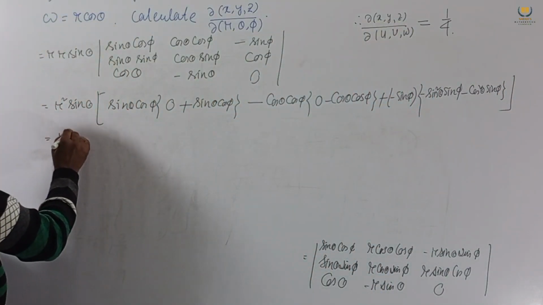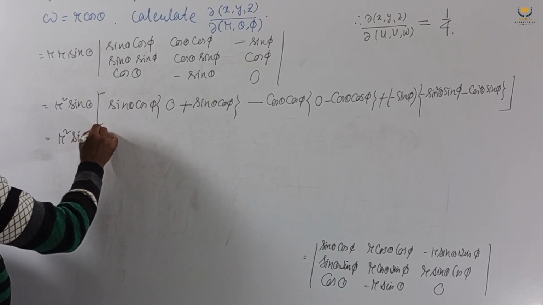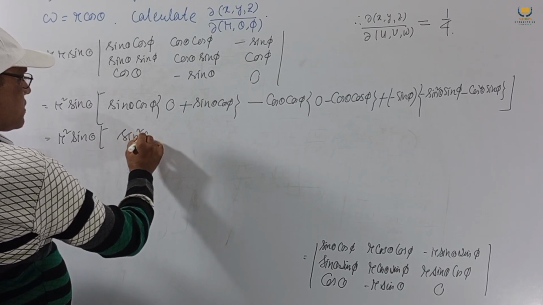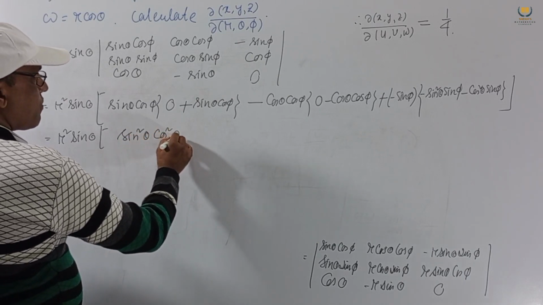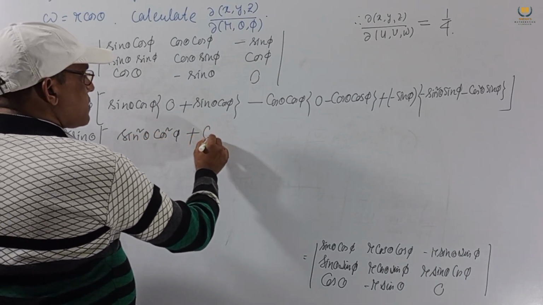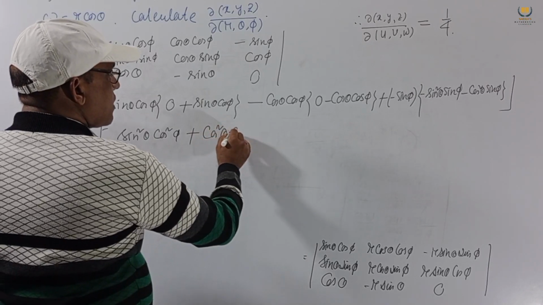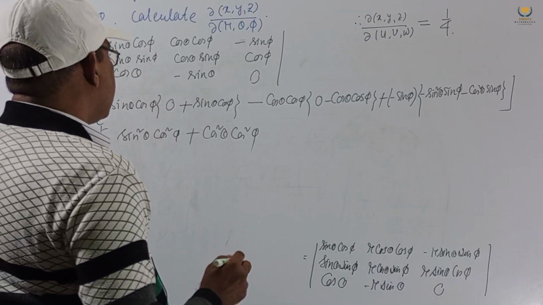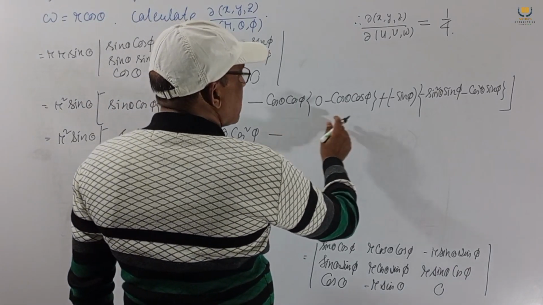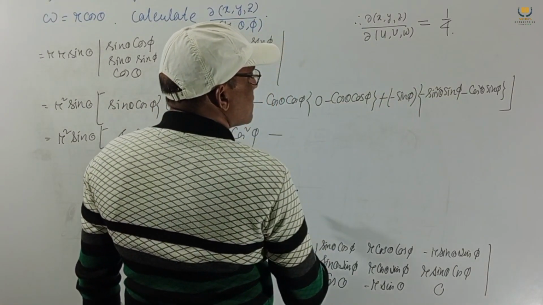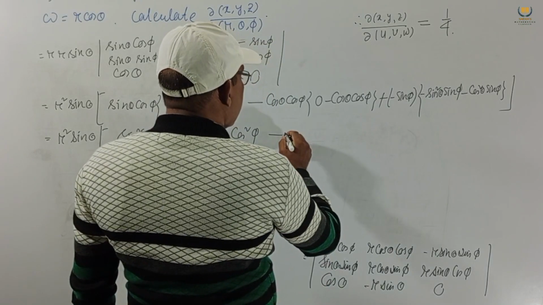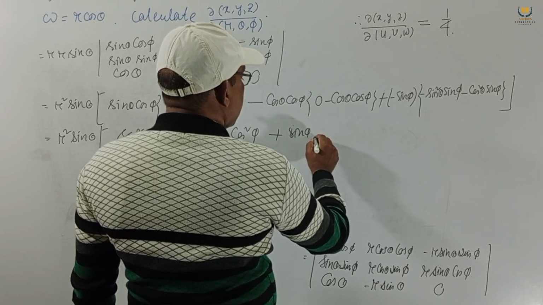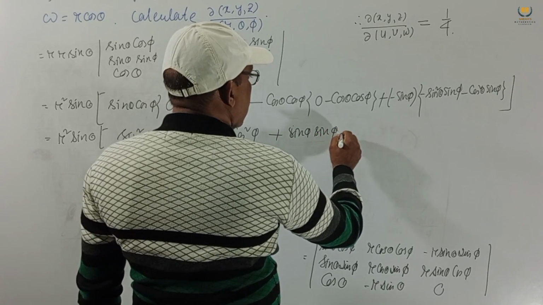Now r square sin theta times sin square theta cos square phi plus cos square theta cos square phi. We get this, and from this minus sin phi common, and this minus is plus sin phi into sin phi.